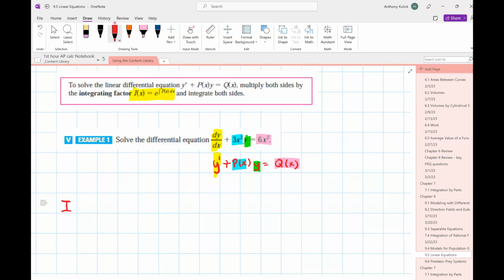So we'll calculate I of x. That's equal to e to the integral of p of x dx, which is e to the integral 3x squared dx, which is just e to the x cubed.